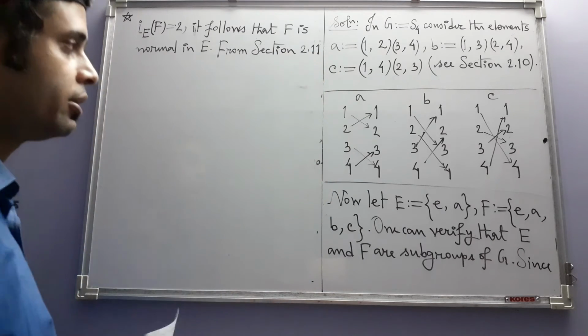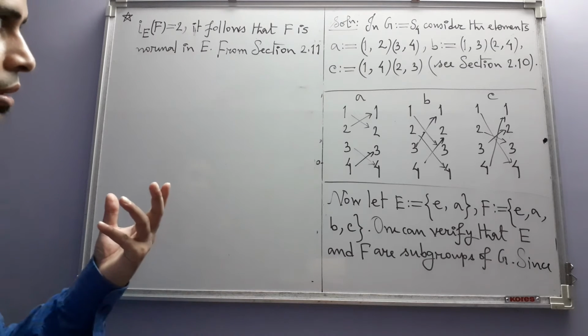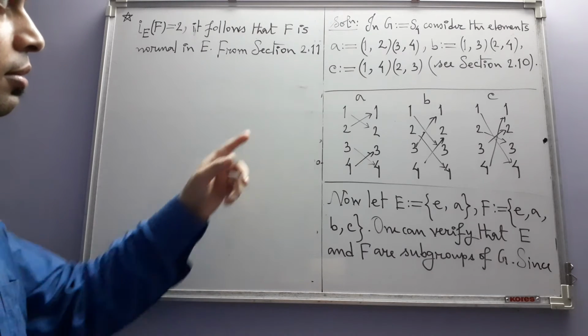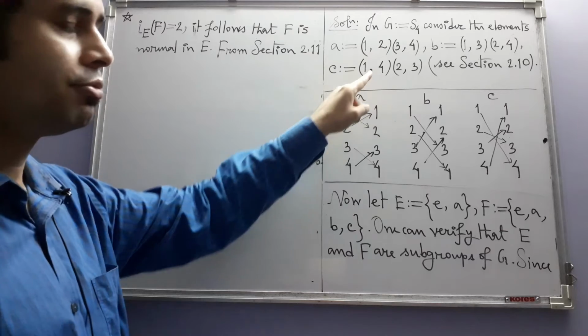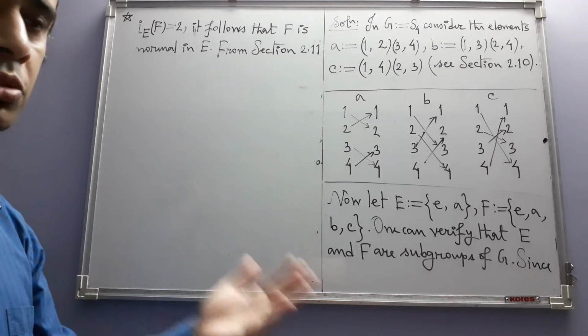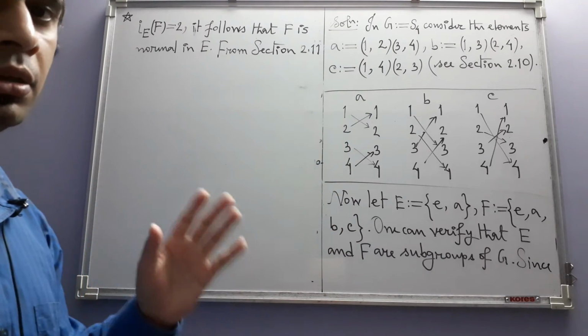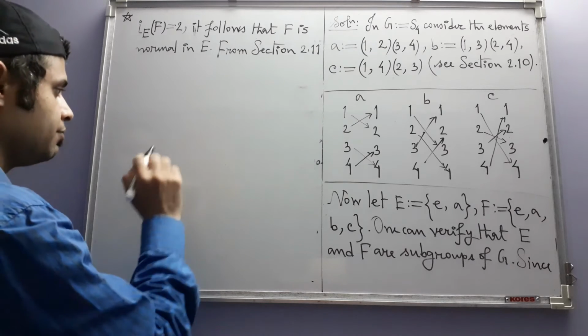In section 2.11 we will learn what happens if you form a conjugate of a permutation, where by conjugate we mean this.